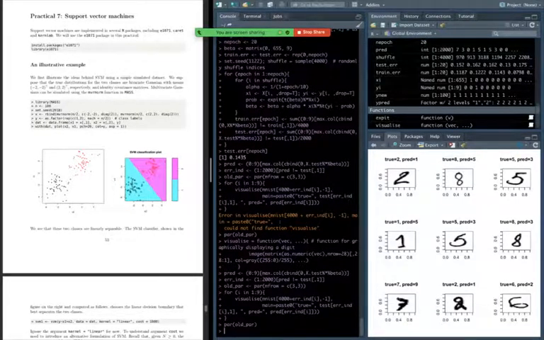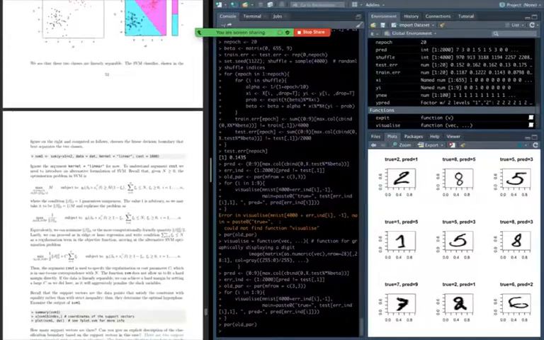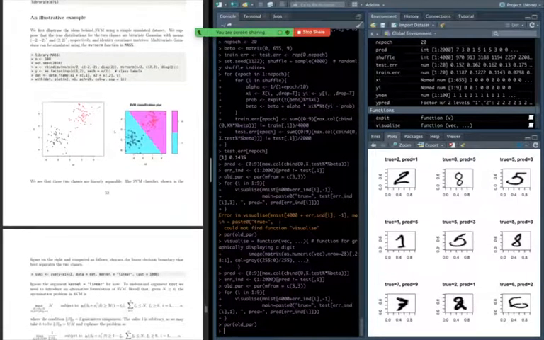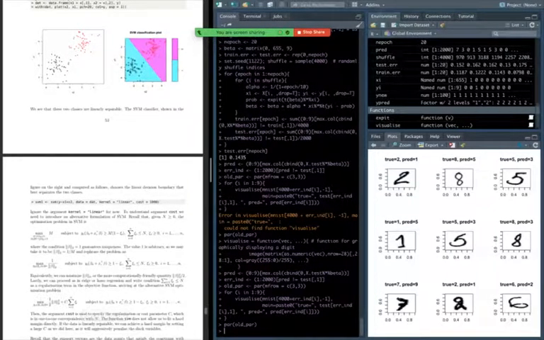I'll try that so that you can take a look at the solutions beforehand. I hope everyone has taken a look at this, because it explains this alternative view of the optimization problem from SVM.